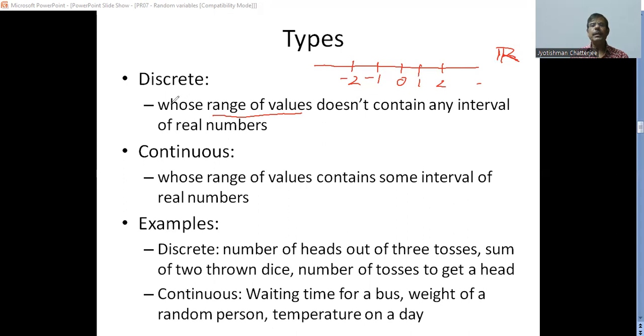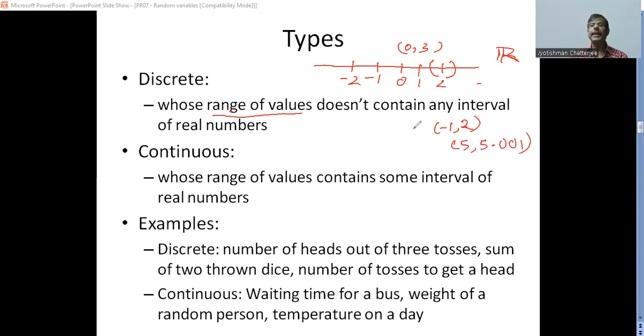So the range of values of the random variable must not contain any interval like this. It must not contain, for example, 0 to 3 or -1 to 2 or 5 to 5.001.